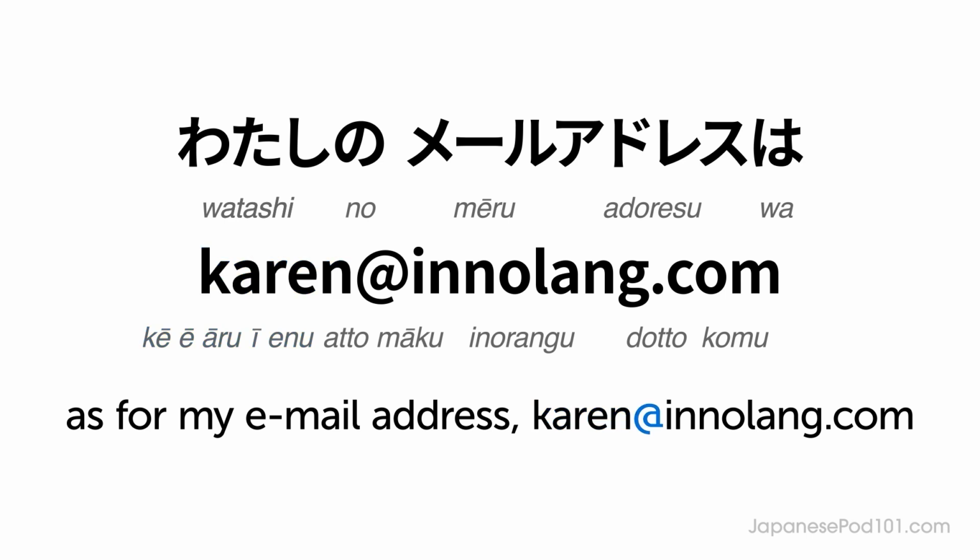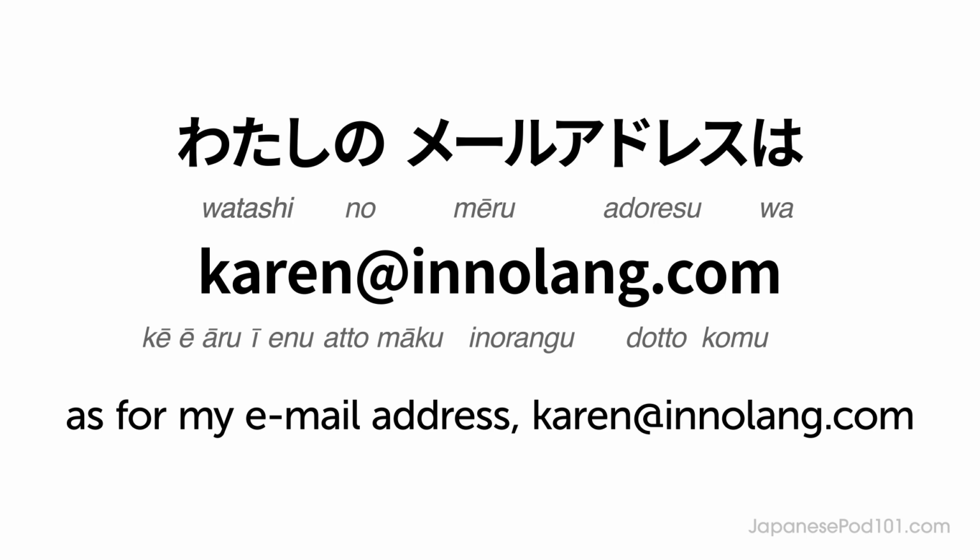In Japanese, it's pronounced アットマーク、note, アットマーク can also be shortened to アット、a way to abbreviate @ sign. Next is the domain name in Japanese, イノラング、and last is ドットコム、.com.